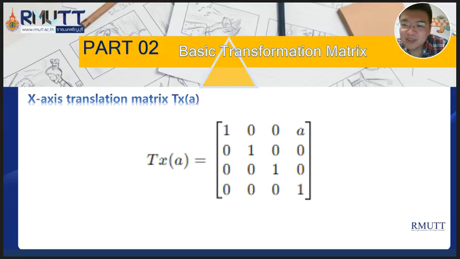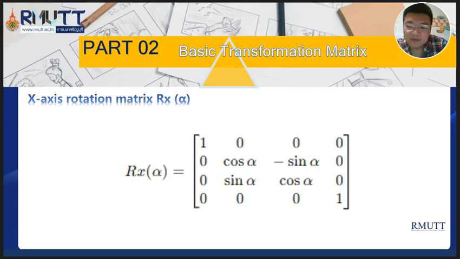The transformation matrix is along X, with A in the matrix form. The amount of the A is the displacement, and the rest remain unchanged.